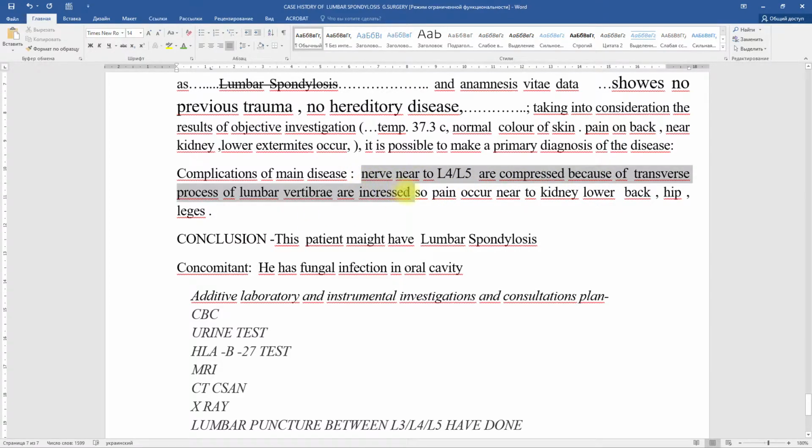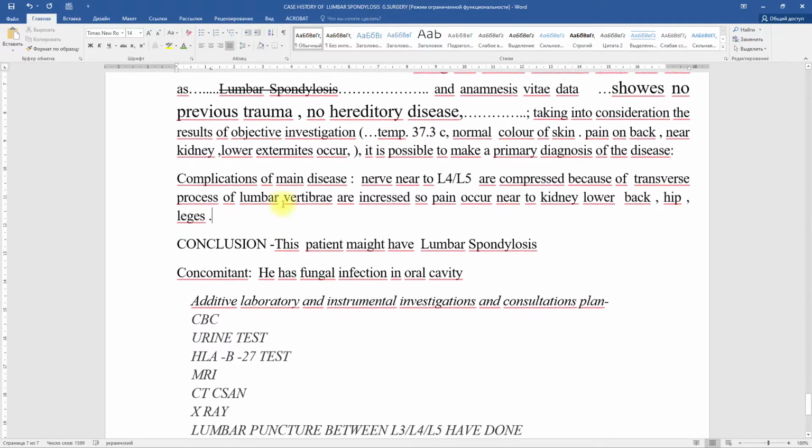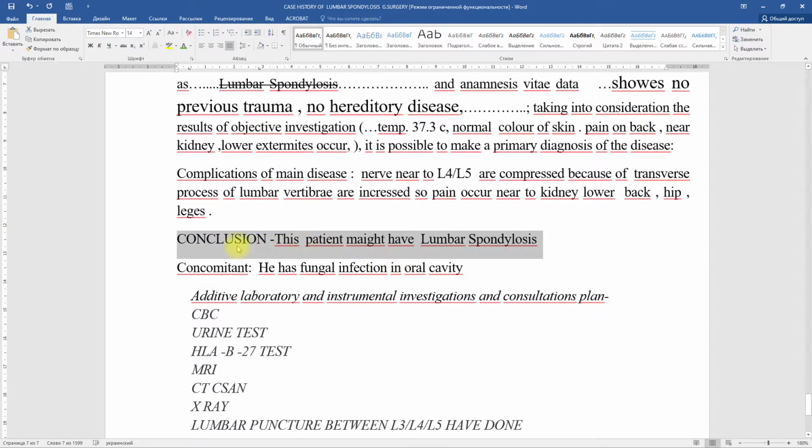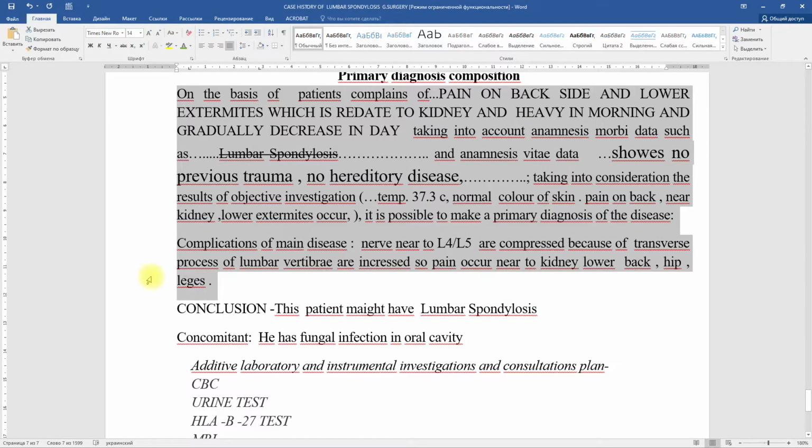This is pathogenesis. We don't know that yet. I can't understand where this conclusion came from. You do not have enough substance to make this conclusion from this part.